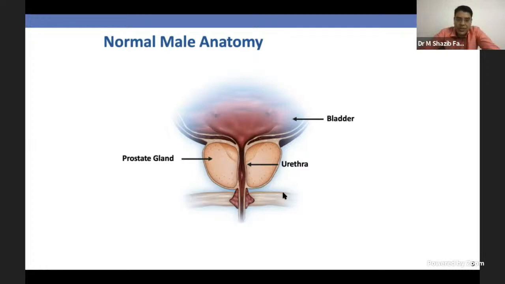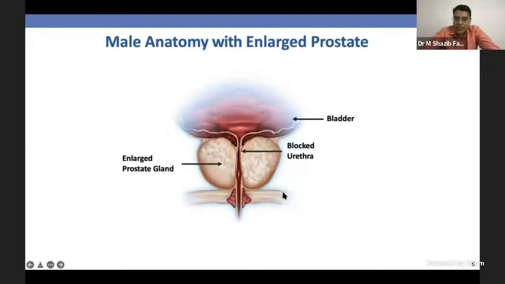Now, what happens when this gland enlarges in size? When this gland enlarges, it enlarges outwards and also inward. When it enlarges outwards, the patient does not experience many symptoms.